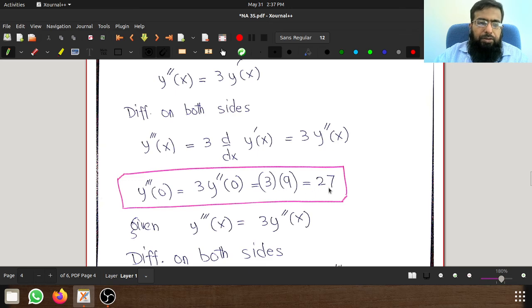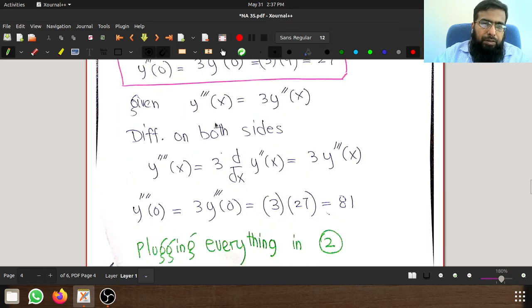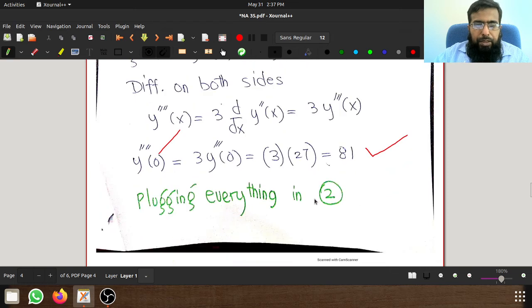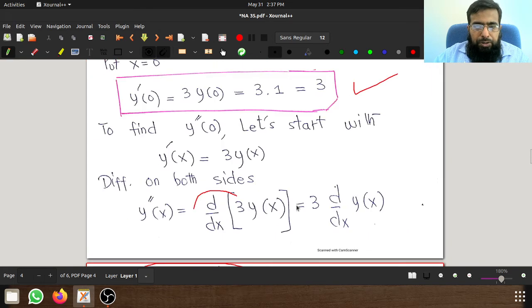So it becomes 9 threes are 27. Then we can differentiate again: y fourth derivative of x is 3y triple prime of x, and putting x equal to 0, y fourth derivative of 0 is 3 times 27, which is 81. Then we plug everything in equation number 2.